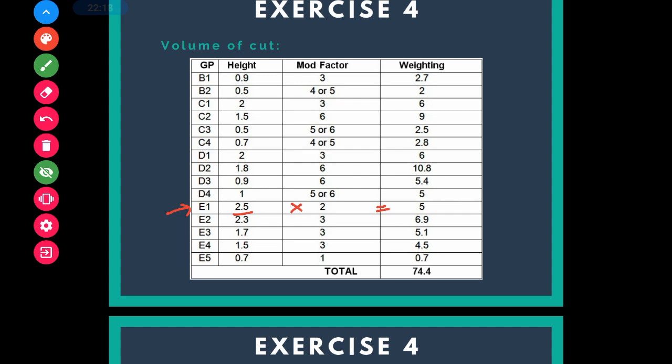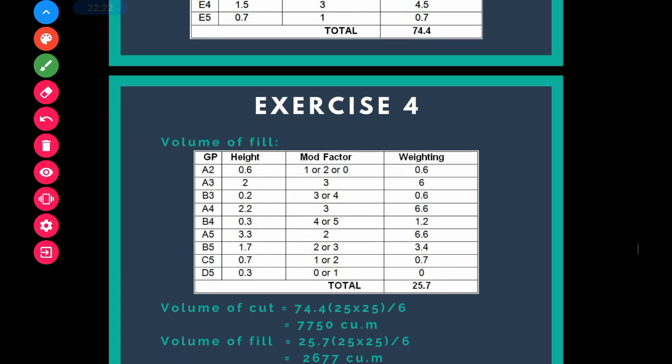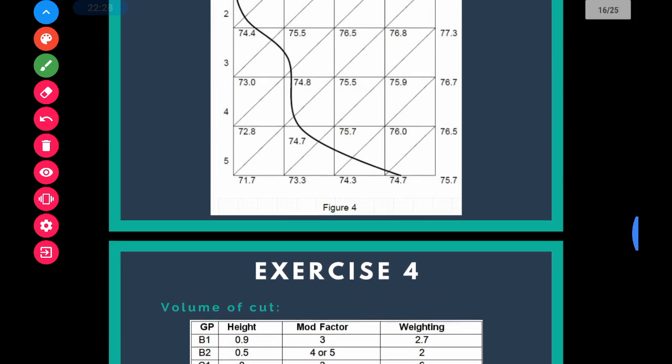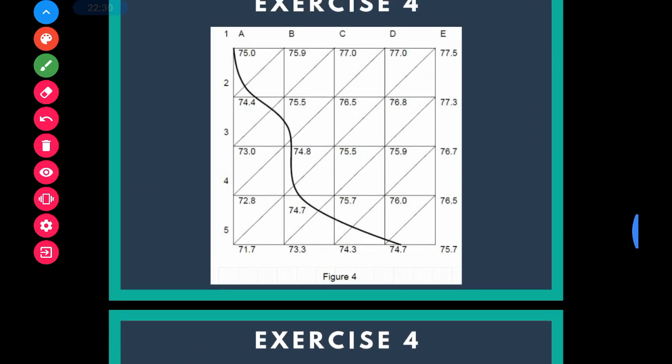Now let's take a look at the field. Let's take a look at A5. It will be this point.